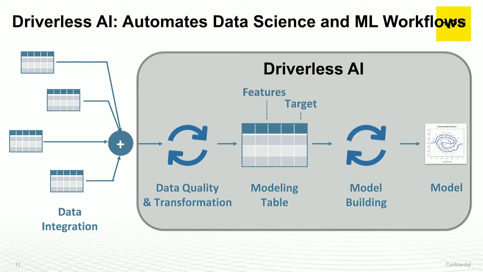Once it's in that kind of static file or static table, Driverless AI starts to take over. The first thing we do is feature engineering. We actually do massive amounts of feature engineering in terms of generating new features for time series, new features related to interactions between different columns, and so on.